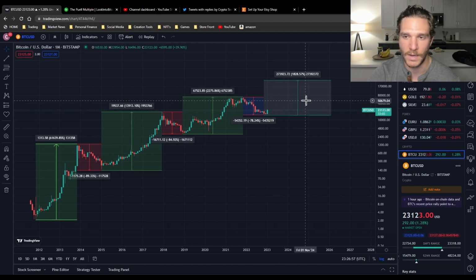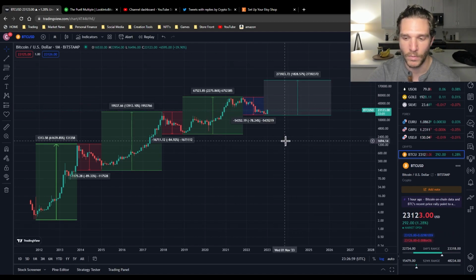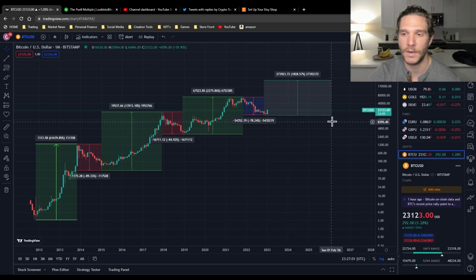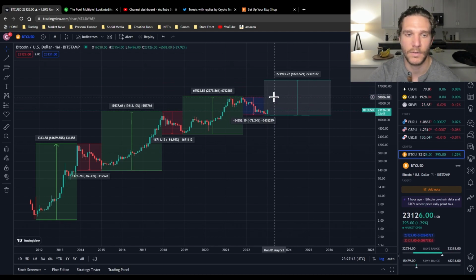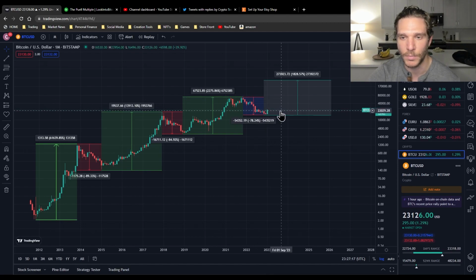So now what you can see here, and what I think is going to happen, is we're going to start to see the next impending bull run for the next 3 years, ending at the end of 2025. And this could be our next green box here for the next 3 years. So this is a good time, in my opinion, to get into the space, get some Bitcoin, start watching the price movement.